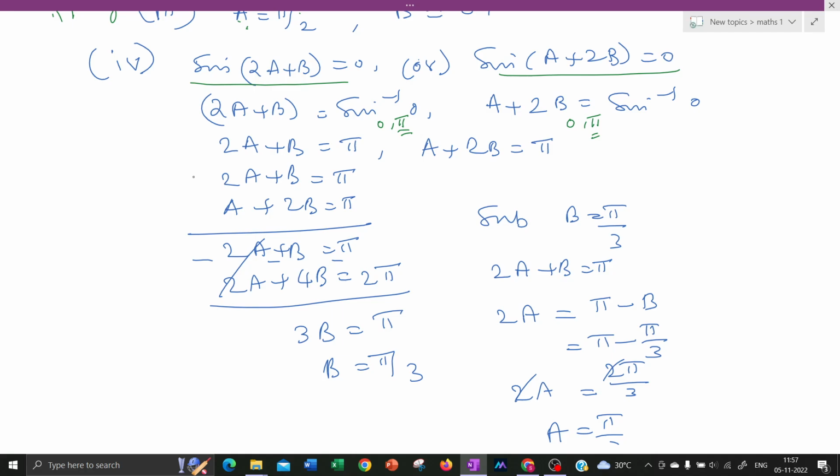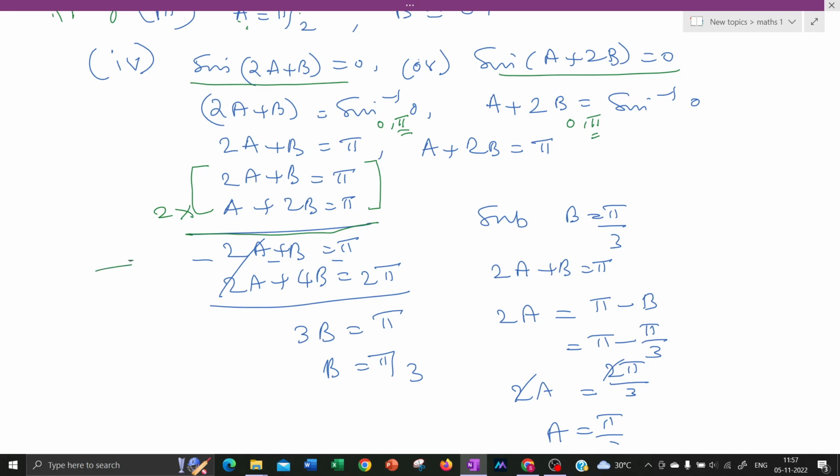So here we have simultaneous equations to solve: 2a + b equal to pi, a + 2b equal to pi. How can we solve this? If you multiply the second equation by 2, keep the first one, 2a + b equal to pi.